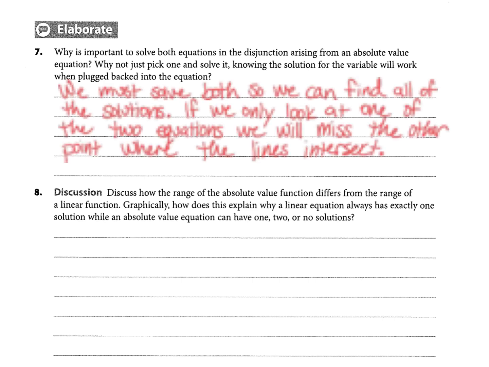Discuss how the range of the absolute value function differs from the range of a linear function. Graphically, how does this explain why a linear equation always has exactly one solution when the absolute value equation can have 1, 2, or no solution? The range of absolute value functions is only positive. You can only get out positive values when you plug something into an absolute value function.